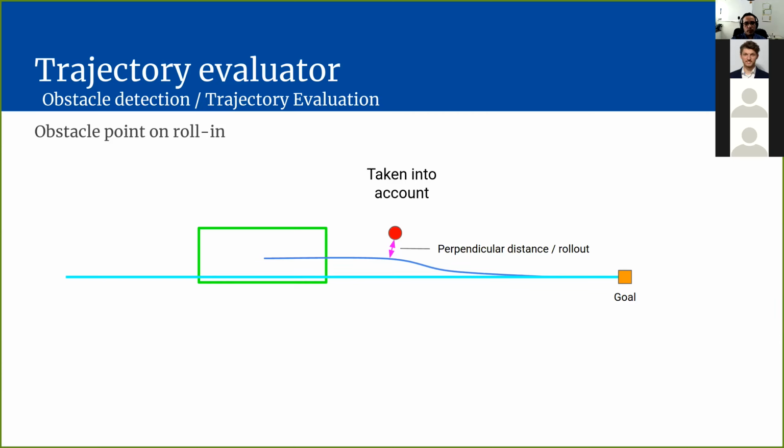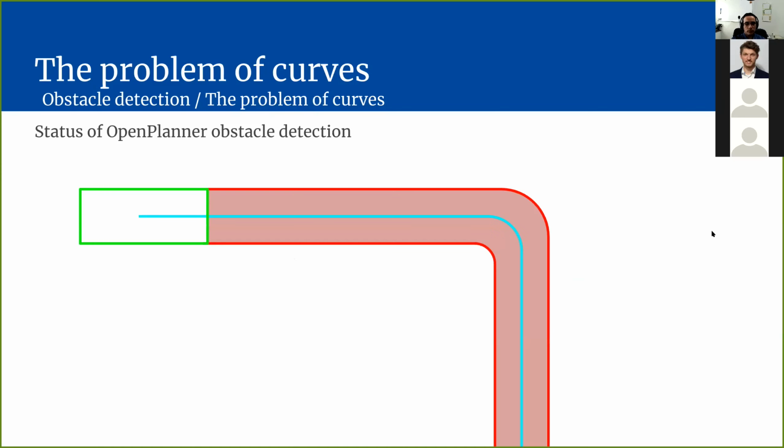Now, because we track on each roll-in and the way back to the road, we can detect obstacles. Maybe it has been updated in OP2, because I just merged this function I wrote in OP1 into OP2 when we updated.